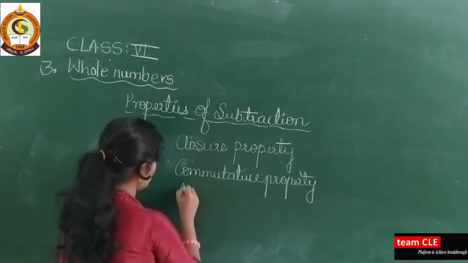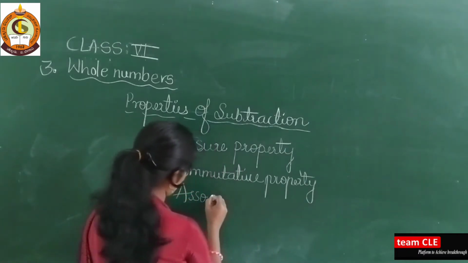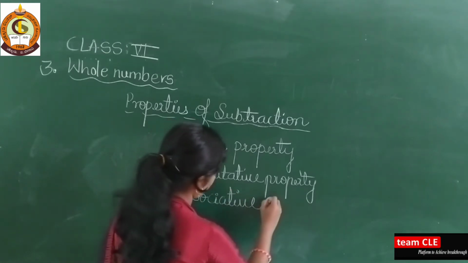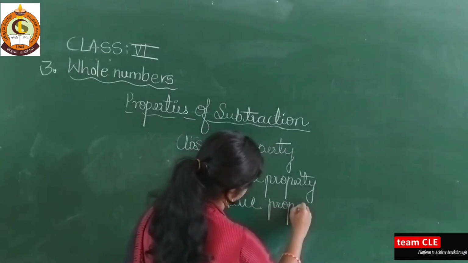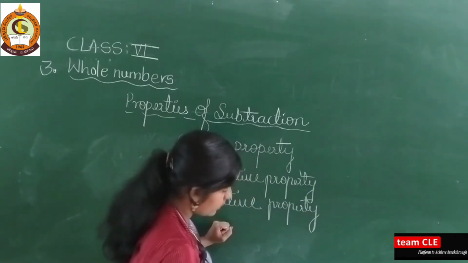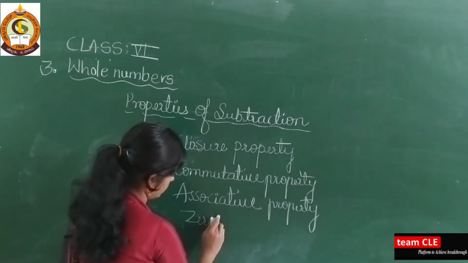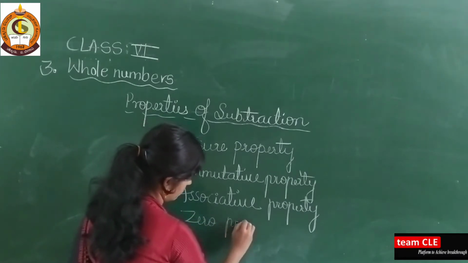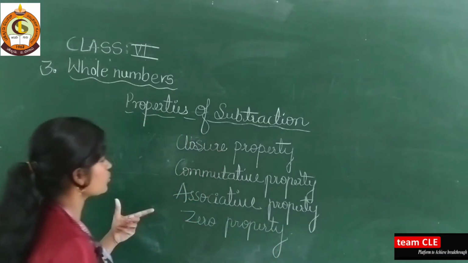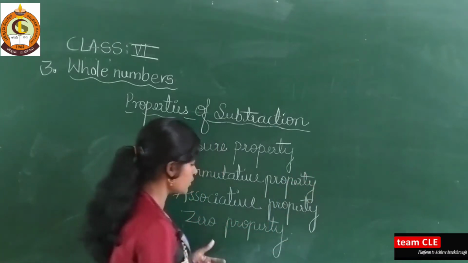Next one is associative property. Next one more is zero property. Okay, zero property, closure property, commutative property, associative property, zero property.